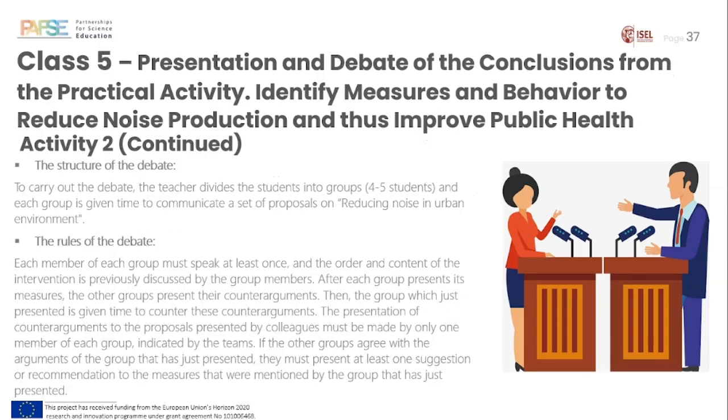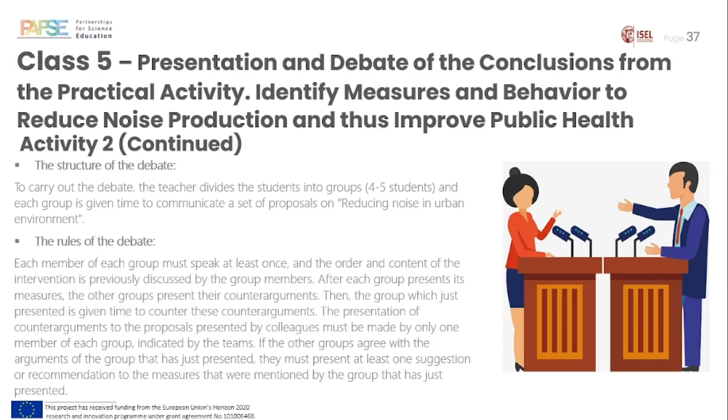To carry out the debate, the teacher should divide the students into groups of 4 to 5, and each group is given a time to communicate a set of proposals on reducing noise in urban environments. Each member of each group must speak at least once, and the order and the content of the intervention is previously discussed by the group members. After each group presents its measures, the other groups present their counter arguments.